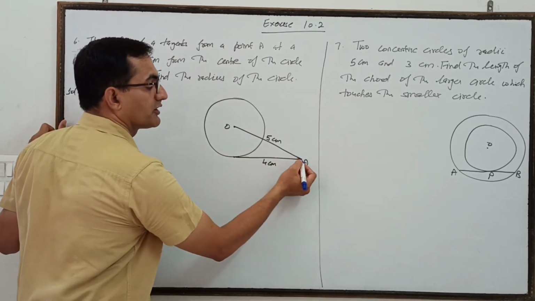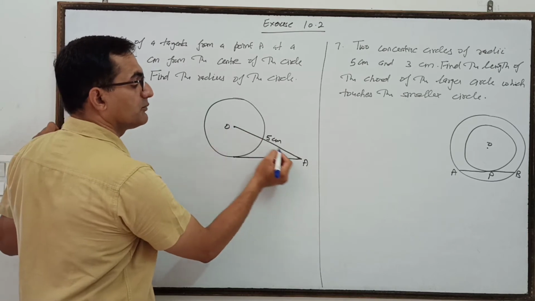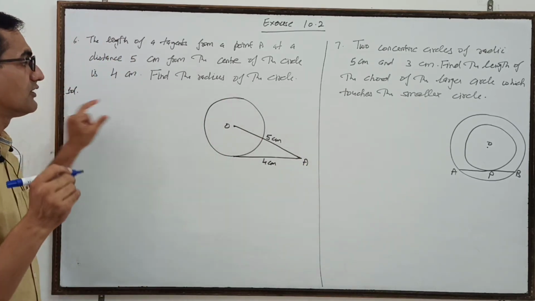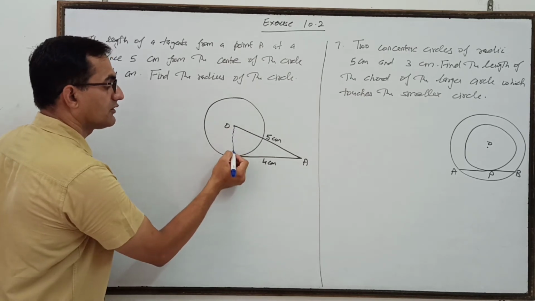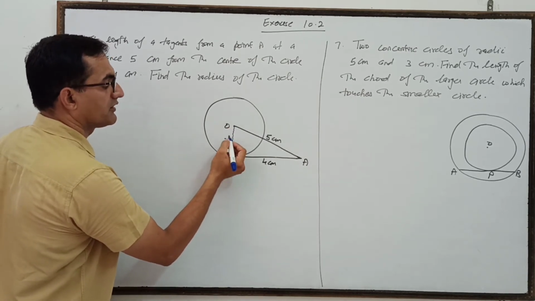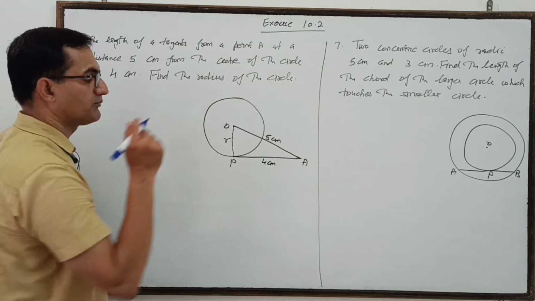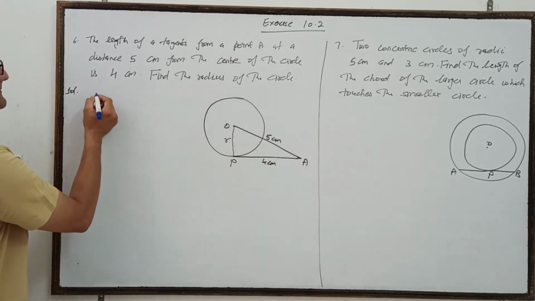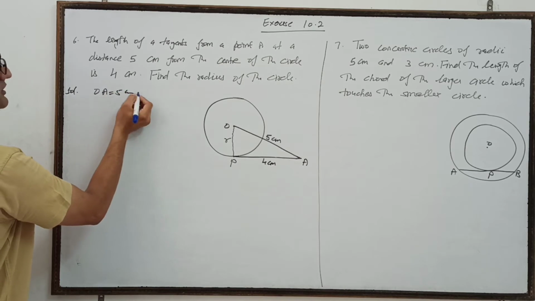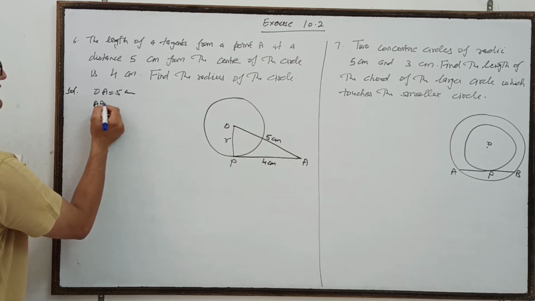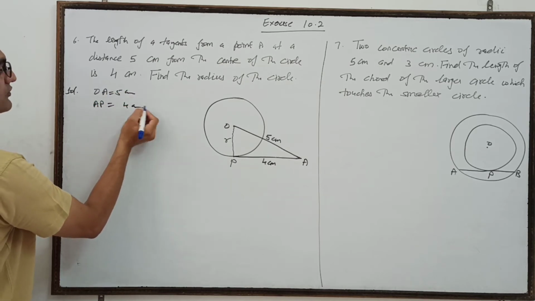We have to find the radius of the circle, r. What is given? OA is 5 centimeter. AP is equal to 4 centimeter.